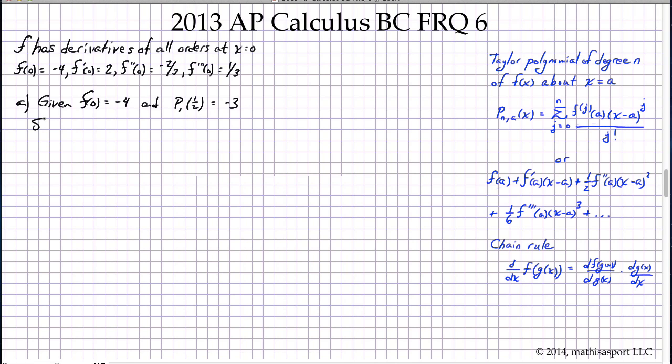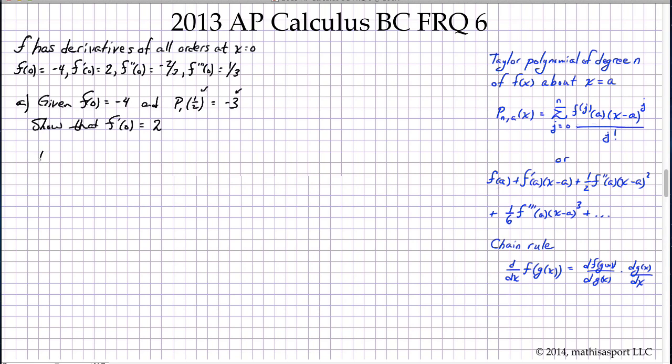Given that, we have to show that f prime of 0 equals 2. The key is we write out what the general first degree Taylor polynomial is, and then insert this pair of values, the 1/2 and the -3, and then work backwards to solve for f prime of 0.